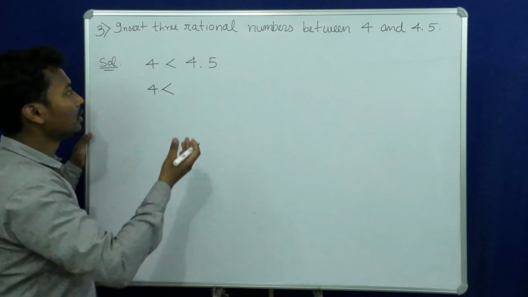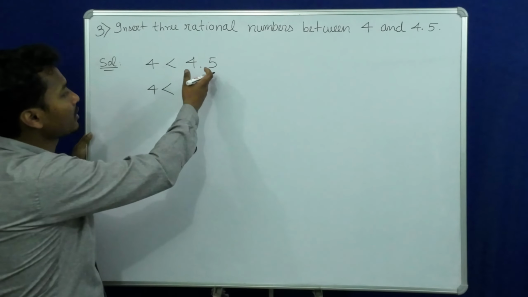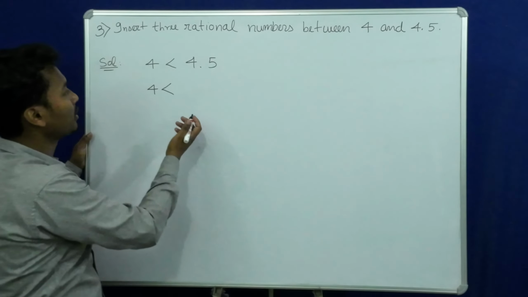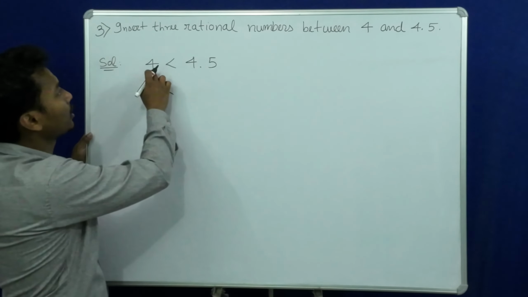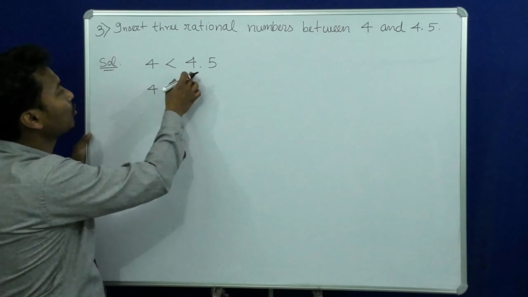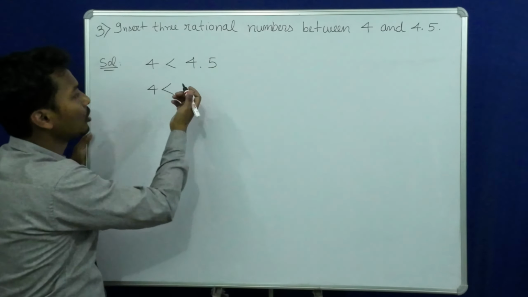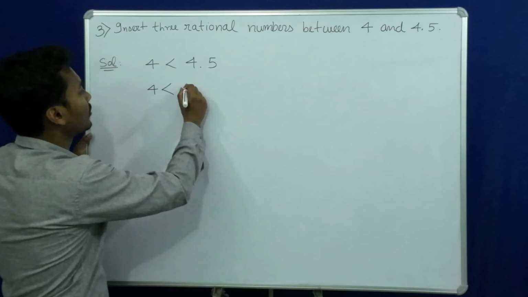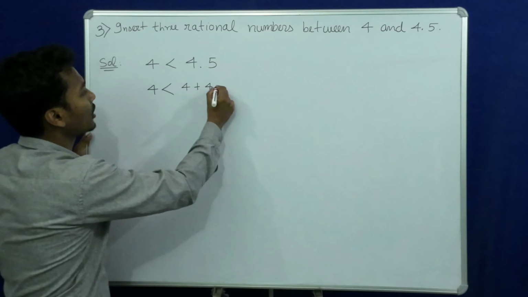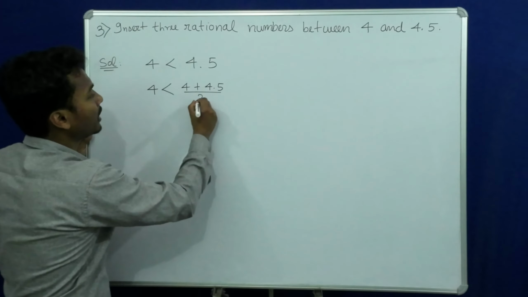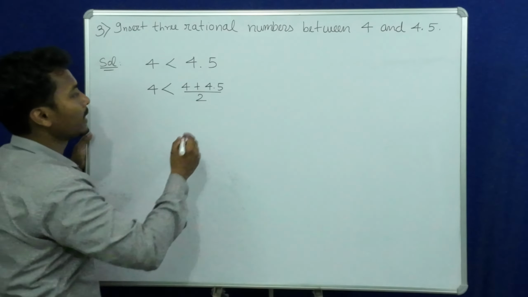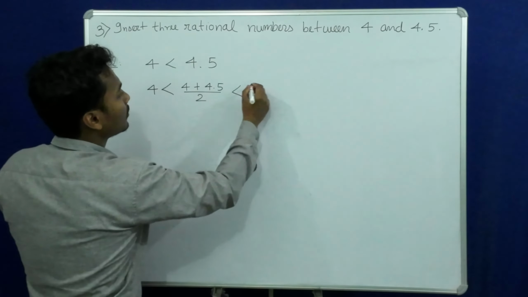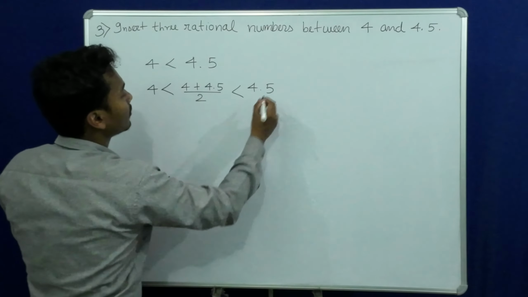So to get a rational number, we'll apply the same basic method. What is that? The sum of the first rational number plus the second rational number divided by 2. We were writing it in the form 1 by 2 into the sum because it was in fraction form. Now here we don't have anything in the denominator, so we can just represent it as (4 plus 4.5) divided by 2, which means the same thing as that basic method: less than 4.5.